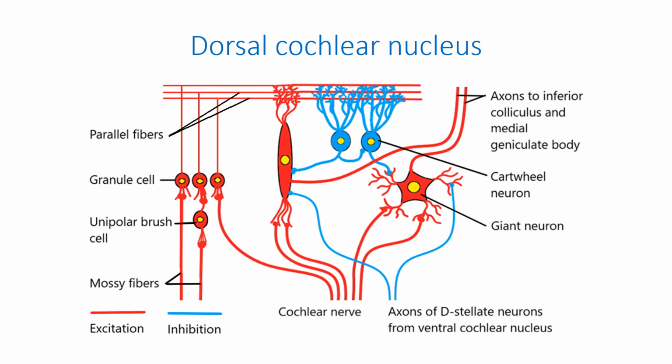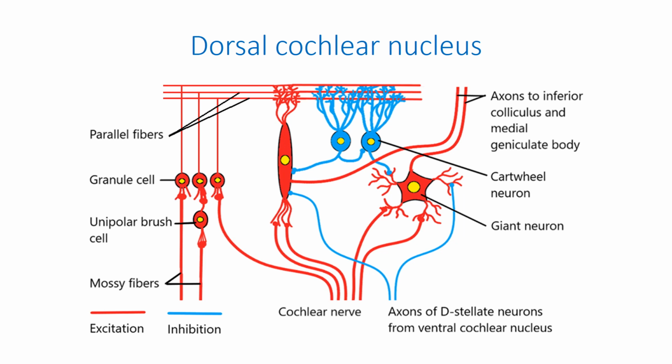Cartwheel neurons, glycinergic, get inputs from parallel fibers and send axons to fusiform and giant neurons. It is interesting that the mossy fiber enlargements or rosettes, the granule cell or unipolar brush cell dendrites, and glial cells form structures that resemble the glomeruli of the cerebellum.